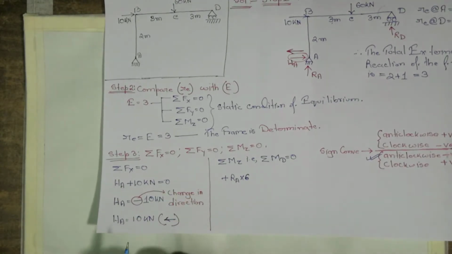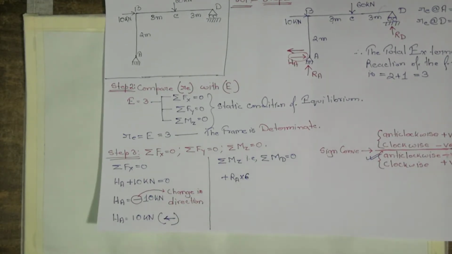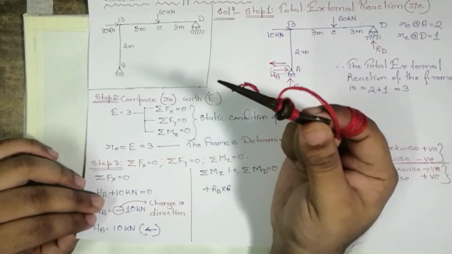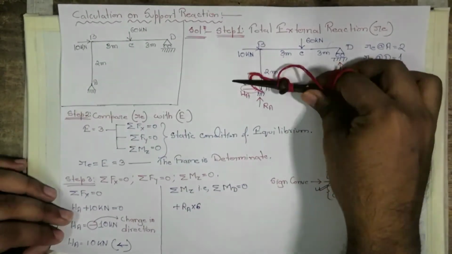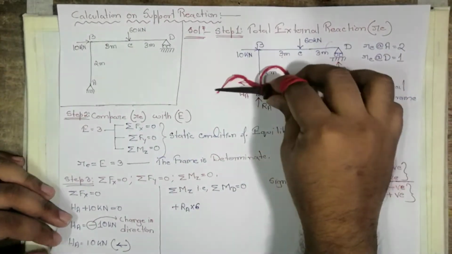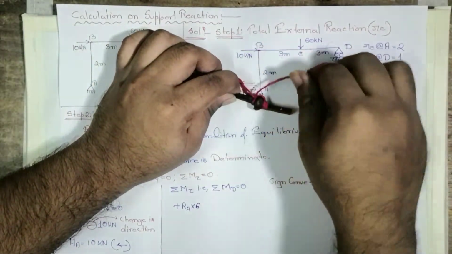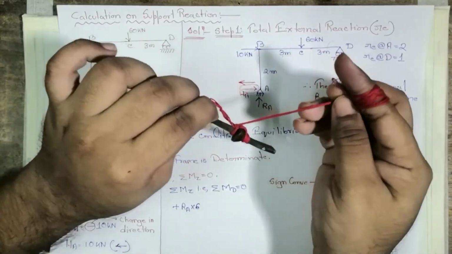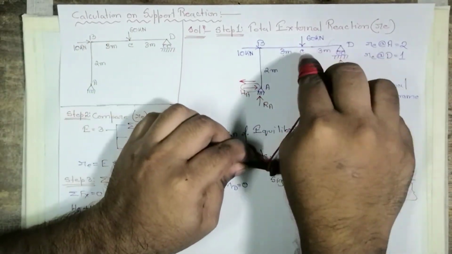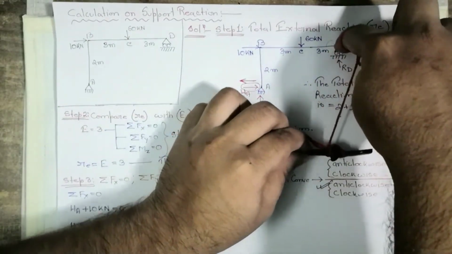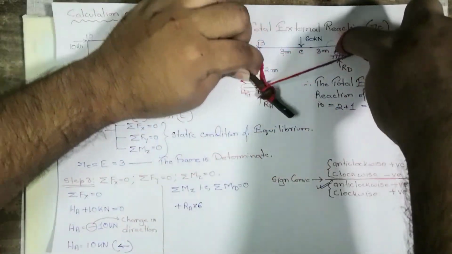Now for HA, the horizontal reaction acting at point A. We know it is acting in the negative x-axis, right? We have calculated it as negative x-axis. Now take this particular metal strip to be HA, acting along the negative x-axis. This is point D, and consider this particular string to be 2 meter. From D, what is the direction?